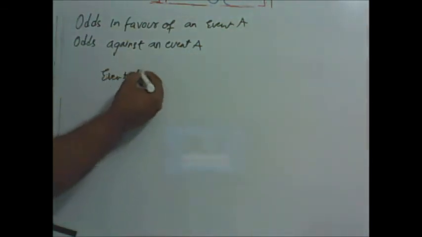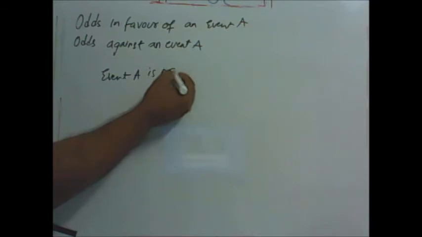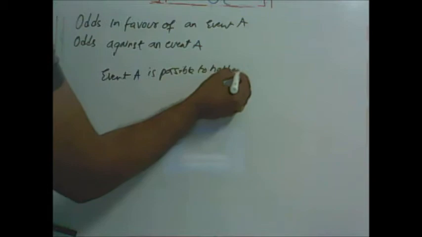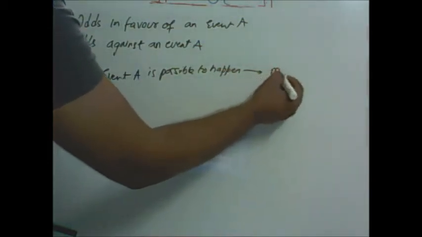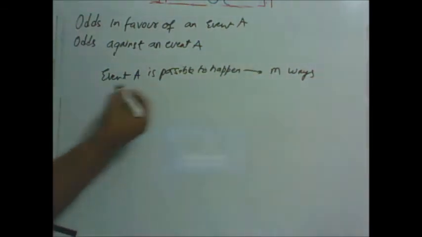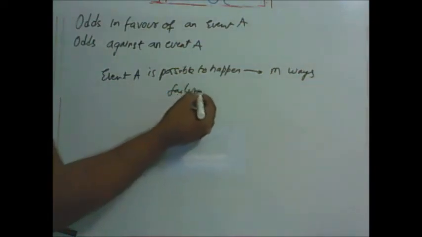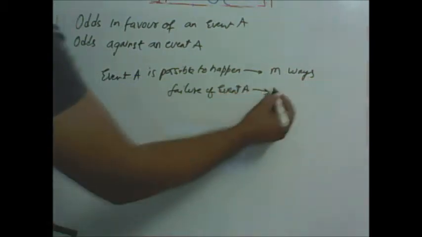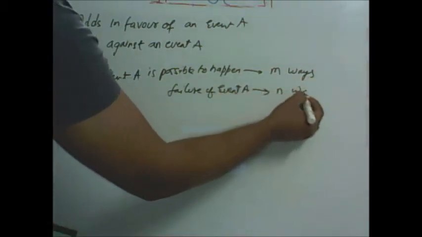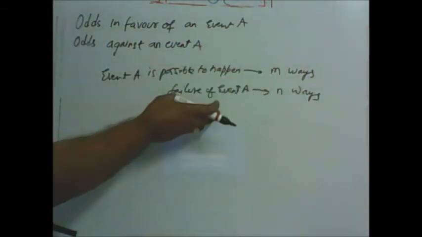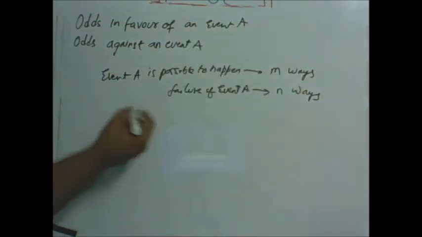Event A is possible to happen, or the success of A can happen in m ways, or m combinations, whatever it is, m ways, and the failure of the event can happen in n ways. Means A's occurrence possibility is m ways, and failure, which is not occurring, possibility is n ways.